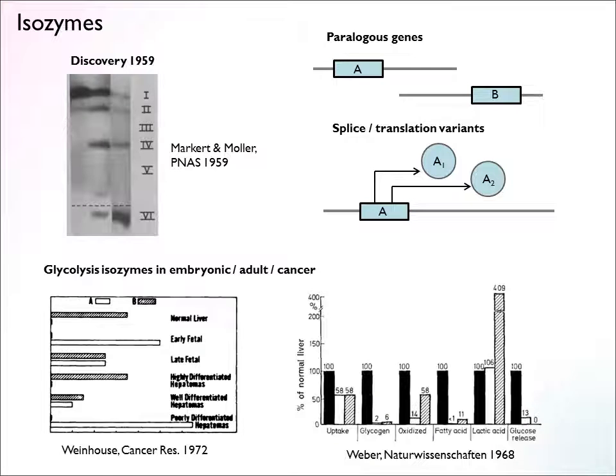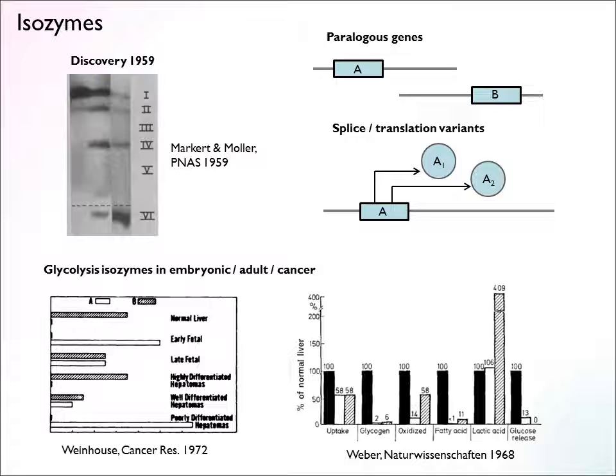So this is interesting, I think, because isozymes tend to vary in subtle ways. There are many cases where specific isozymes are expressed in particular conditions. This has been studied a lot in cancer metabolism, which my lab works in.